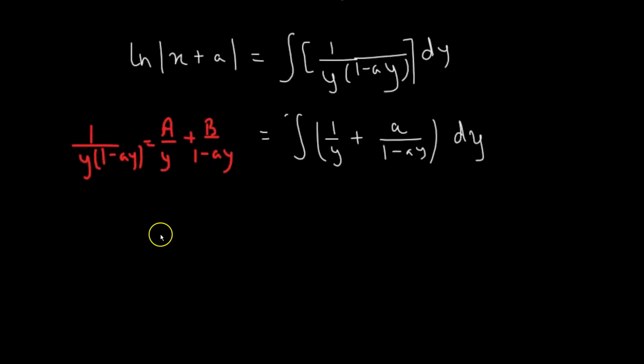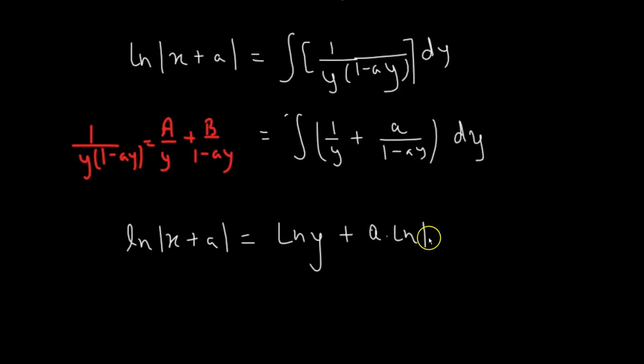So that means we should get natural log of x plus a equals to the integration of dy over y, which will be natural log of y. Then we have the integration of a over 1 minus ay. Here we can use the method of substitution. So that should give us, let's write it down, plus a times the integration of dy over 1 minus ay.